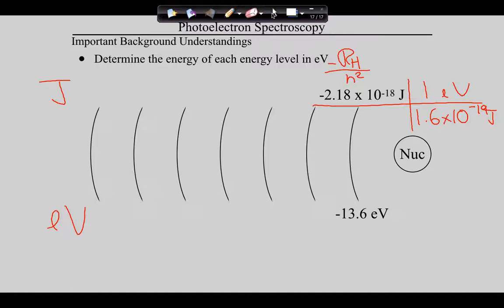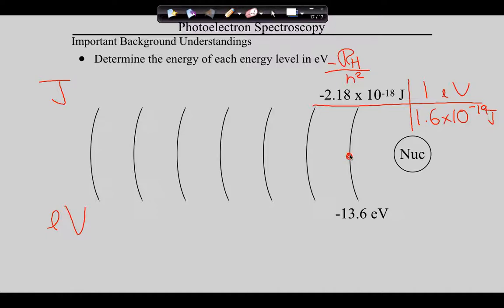Do you see it? Go back to the previous slide. Guys, make that make sense. Do you see it? What's magic about that number? It's the ionization energy for hydrogen that you saw in the previous table. Does that make sense? Why does that work? And guys, the idea is this.